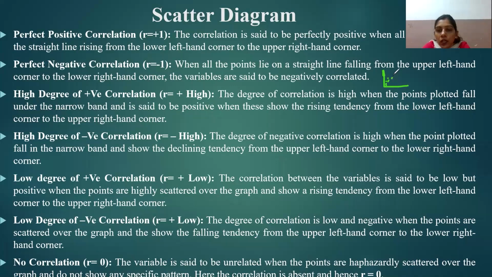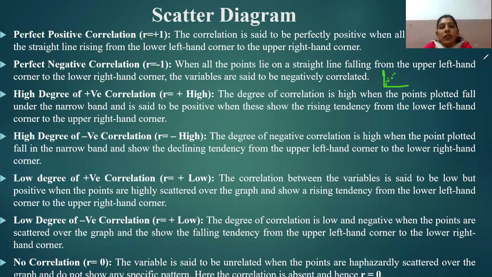The points are plotted on the basis of information given for both the variables x and y. With the help of the information, we draw dots or plot points on a graph.